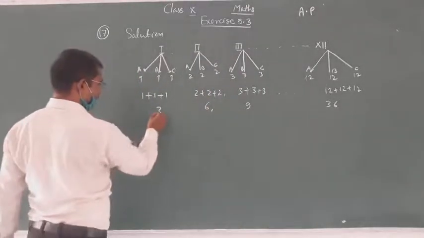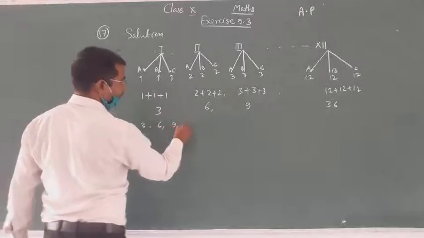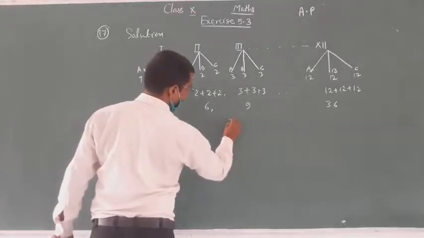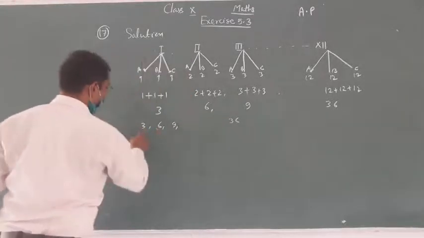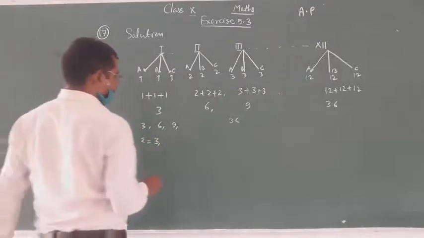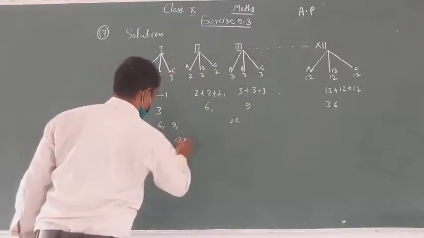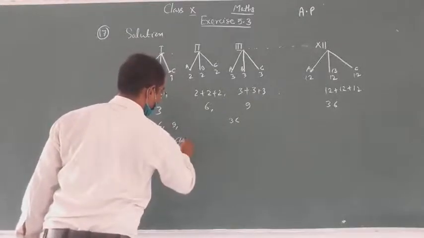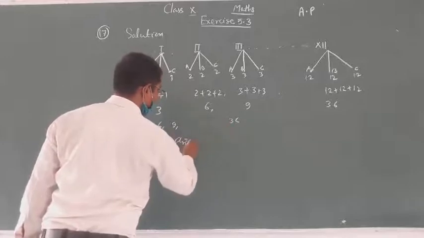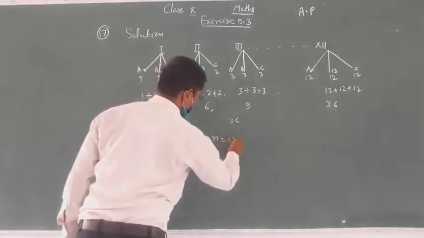So the AP is 3, 6, 9, ..., 36. Now find a is equal to 3, and an is equal to 36, and n is equal to 12.